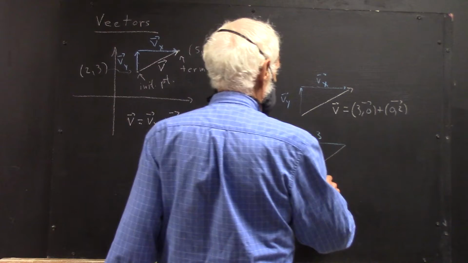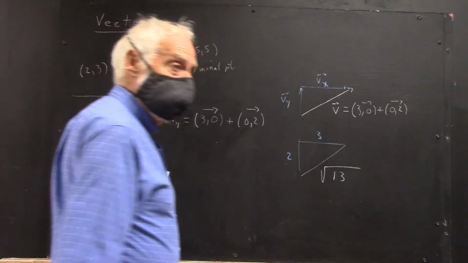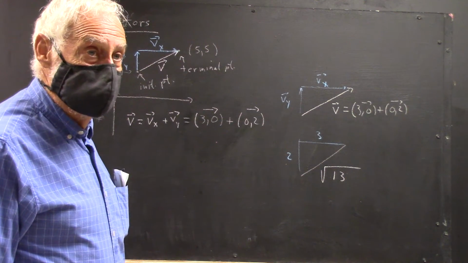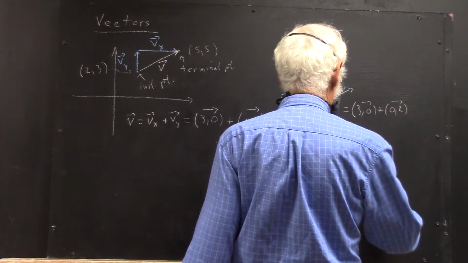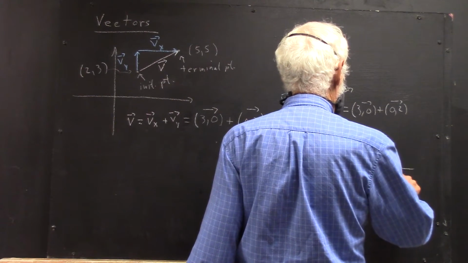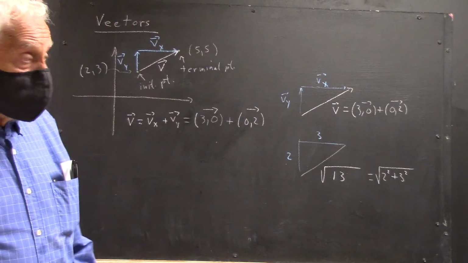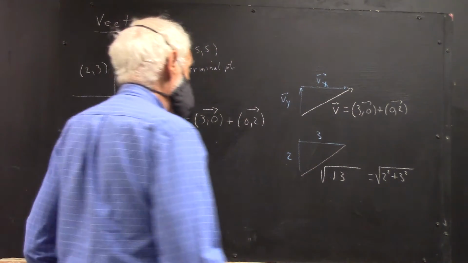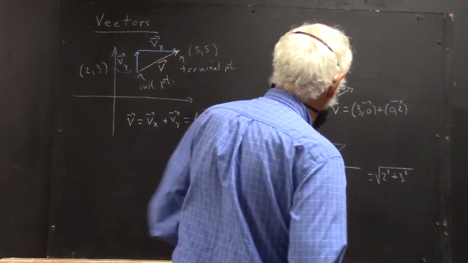Well, it's the square root of 13, isn't it? And just in case you're asking, the Pythagorean theorem, just square root of 2 squared plus 3 squared. Okay, so the vector has this length.